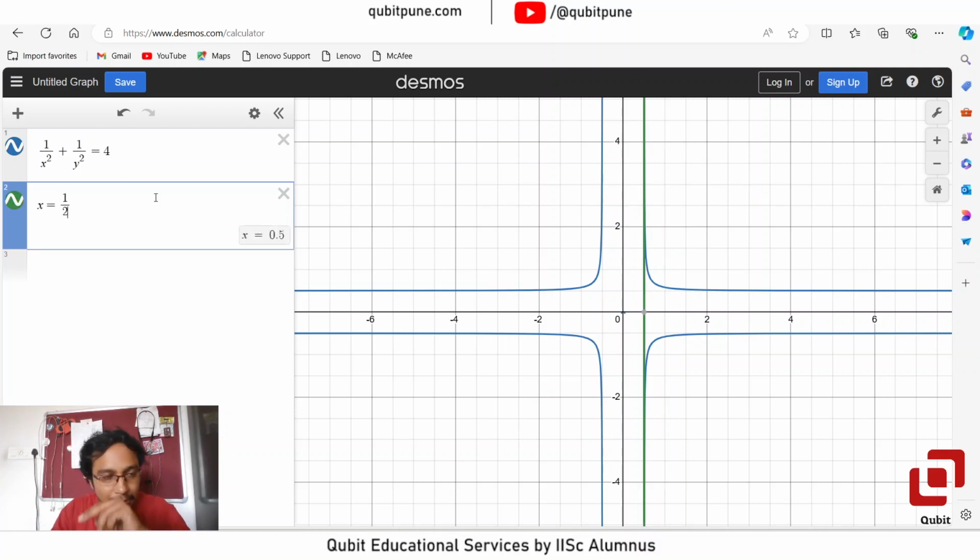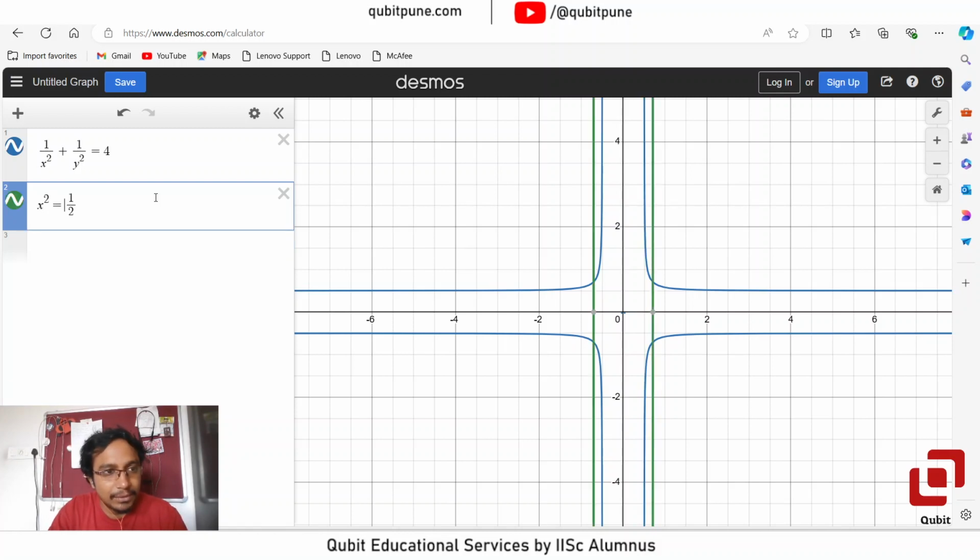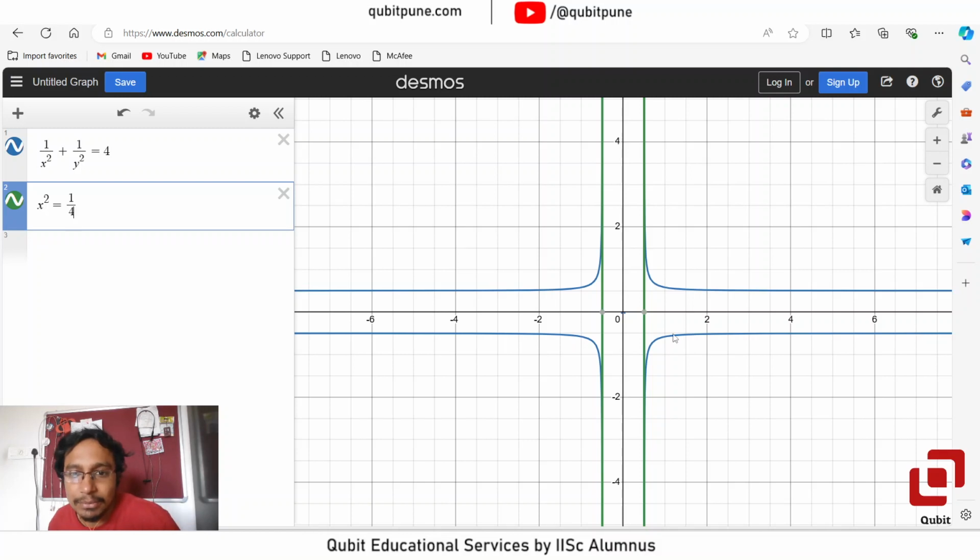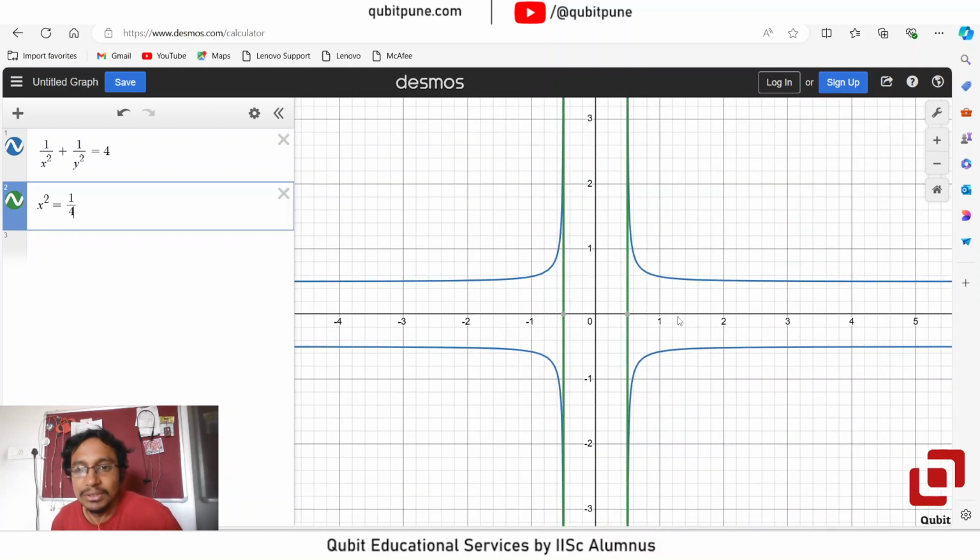So x equal to 1 upon 2, or x squared equal to 1 upon 4, and also y squared equal to 1 upon 4, they will be asymptotes to this curve. So the curve's values do not exist when the x coordinate is between minus 1 upon 2 and plus 1 upon 2. The same thing applies to y.